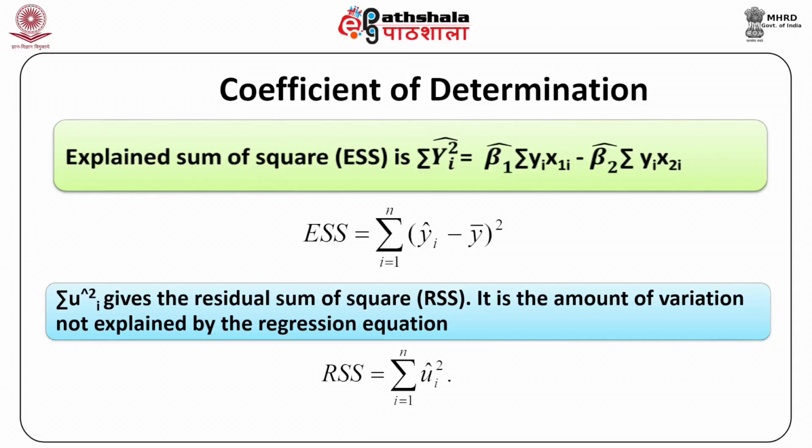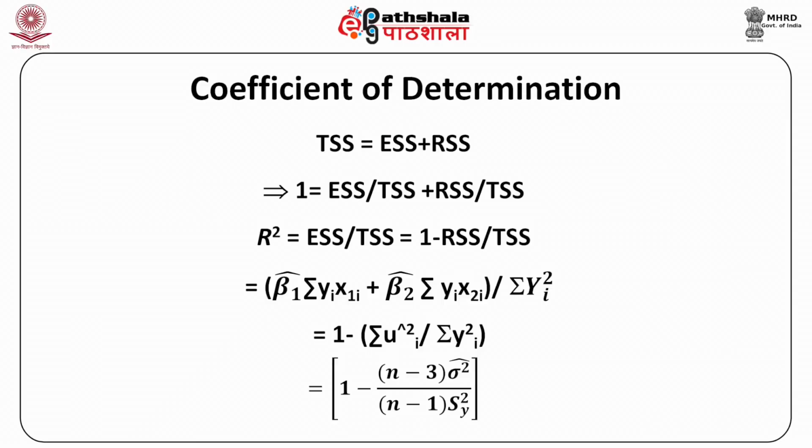Sigma u hat squared i gives the residual sum of squares, RSS. It is the amount of variation not explained by the regression equation. RSS is equal to sigma i moving from 1 to n u hat i squared. Hence, TSS is equal to ESS plus RSS, which implies 1 is equal to ESS divided by TSS plus RSS divided by TSS.